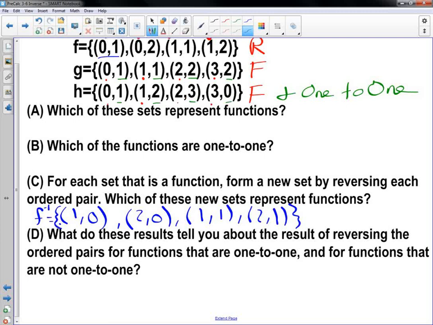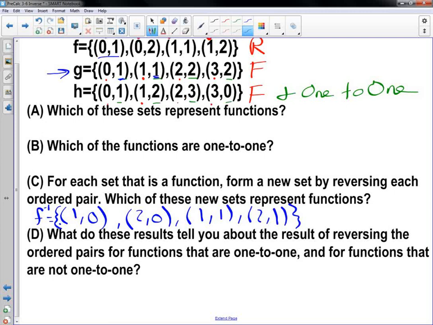But is the inverse of f a function? No. Okay, now let's, in our minds, flip or reverse the x and y's on g. Is it a function? Nope.